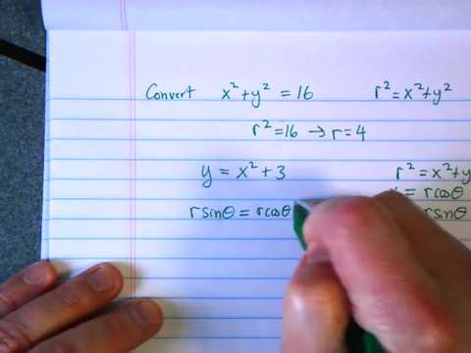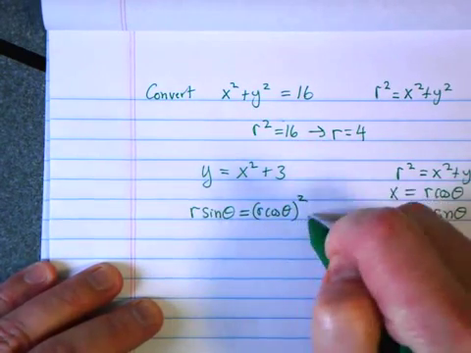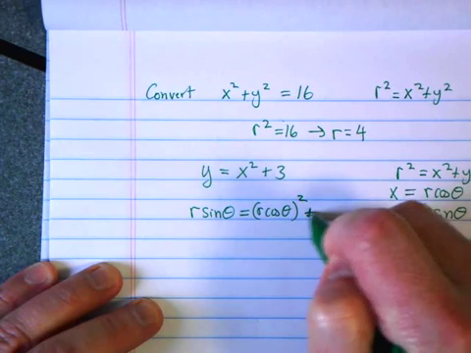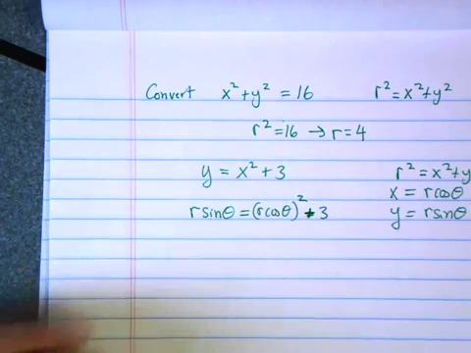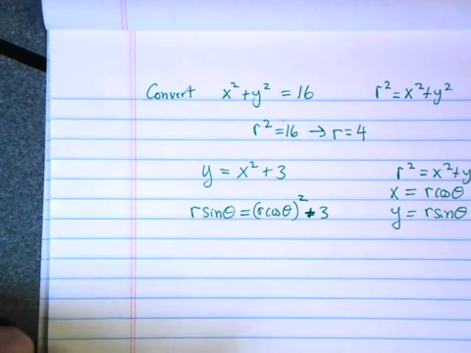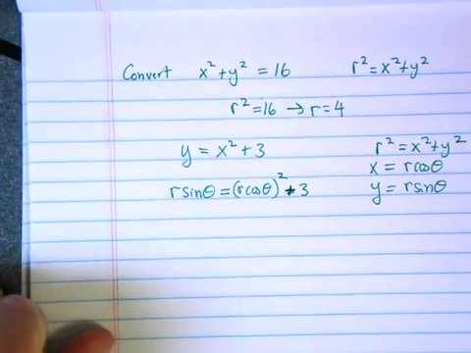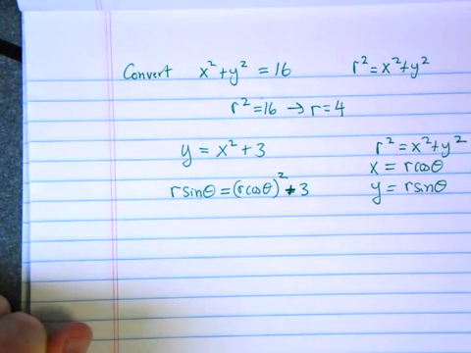R cosine theta squared plus 3. There's that equation in polar form. That's it. That's not too bad. So we're just making one equation now?